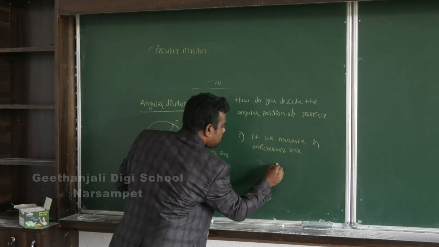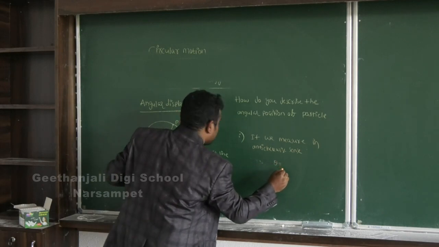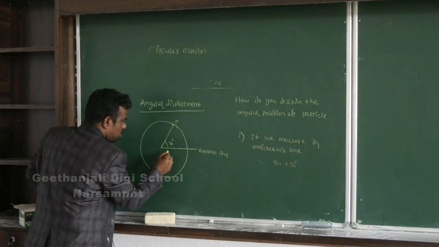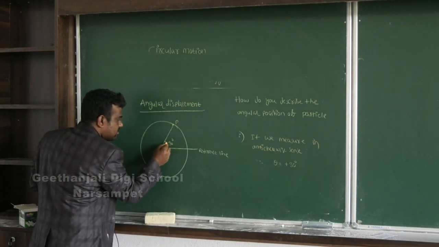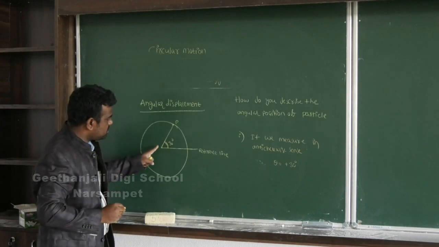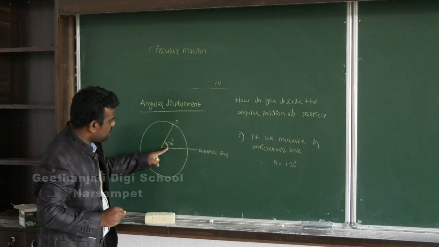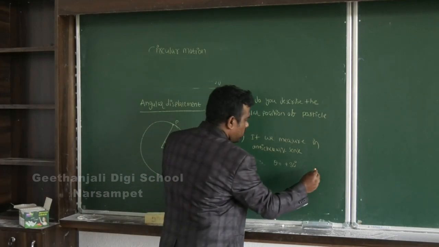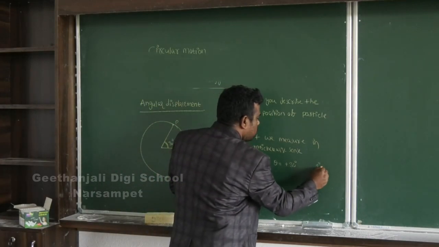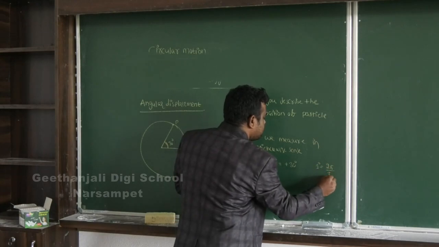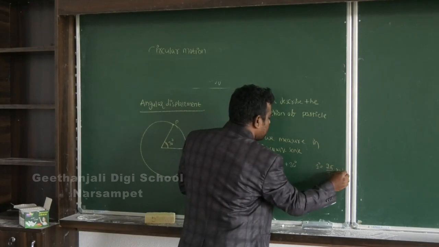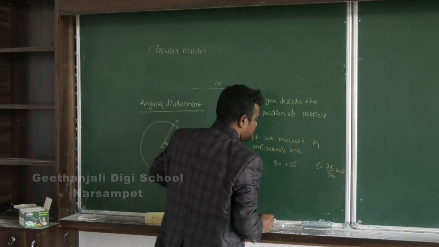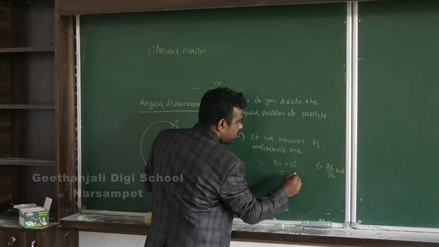So this angular displacement theta is equal to plus 30 degree, because we measure the angle in the anti-clockwise sense. The angles measured in the anti-clockwise sense are positive. Let us convert this into radians. We know 360 degree is equal to 2 pi radian, so 1 degree is equal to 2 pi by 360 radian.